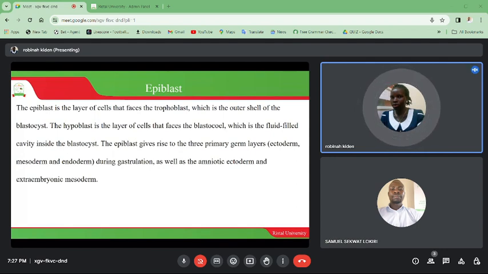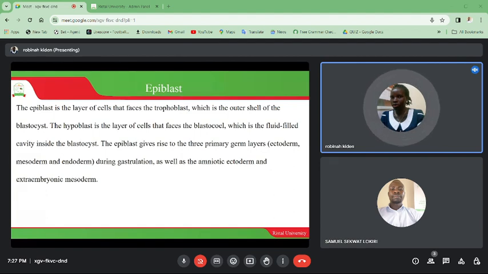So the epiblast gives rise to the three primary germ layers, which are the ectoderm, mesoderm, and the endoderm, as I mentioned previously. This normally occurs during gastrulation, as well as the amniotic ectoderm and the extraembryonic mesoderm.